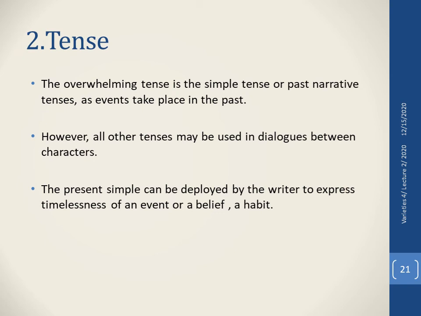Another aspect is the tense. The overwhelming tense is the simple past, or past narrative tenses, as events take place in the past. We cannot imagine a narration that uses simple present or future.